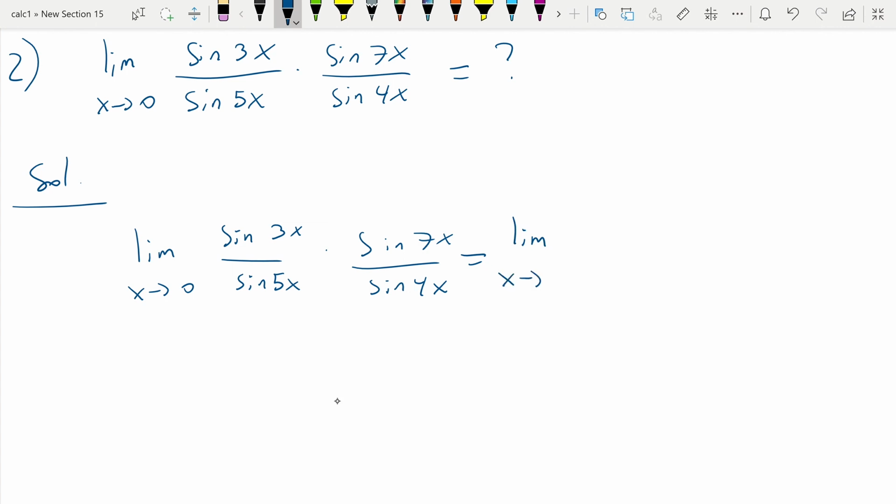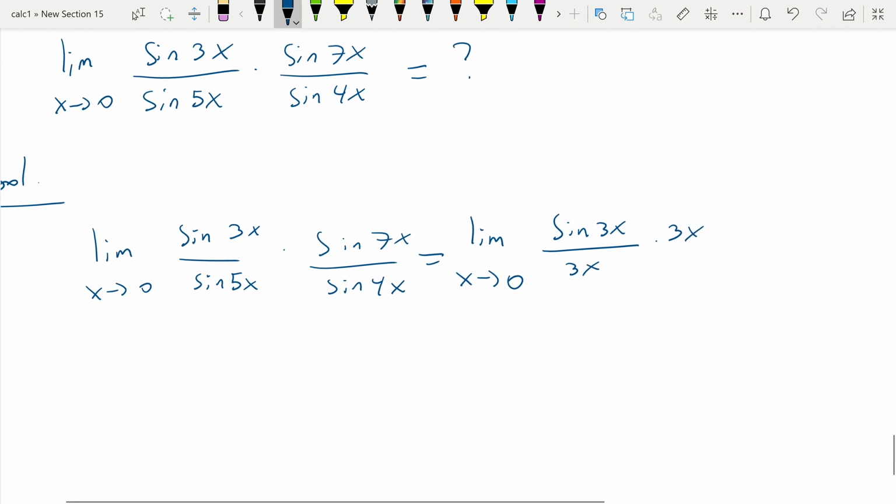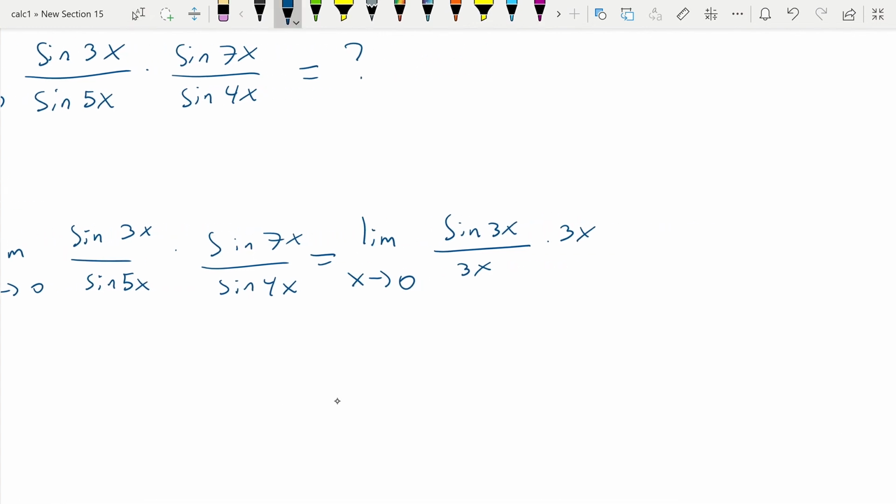So here we start with sine, so we're going to do it more streamlined this time. Sine of 3x, so we want to divide by 3x, then we multiply by 3x. Now we have times 1 over sine of 5x, so we want to have a 5x.